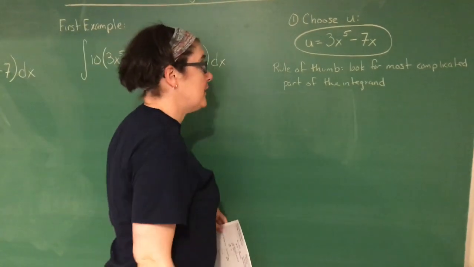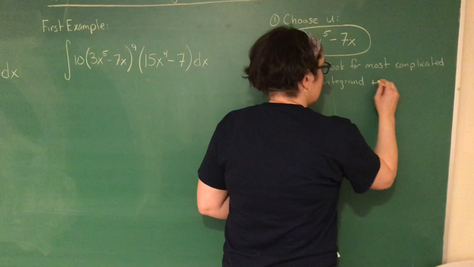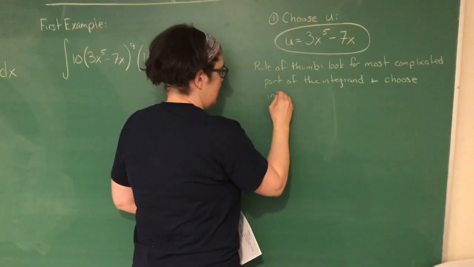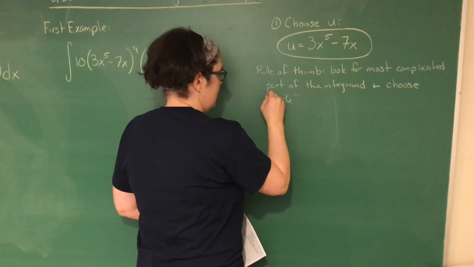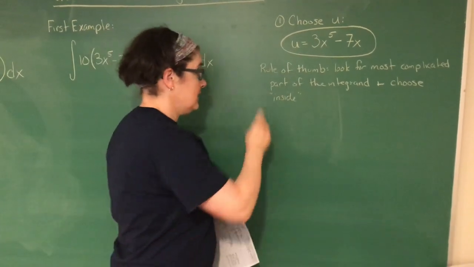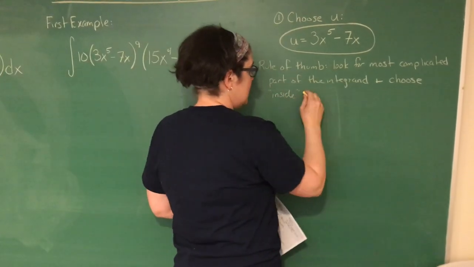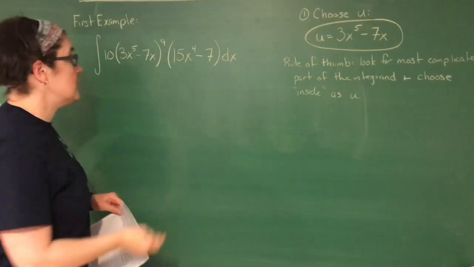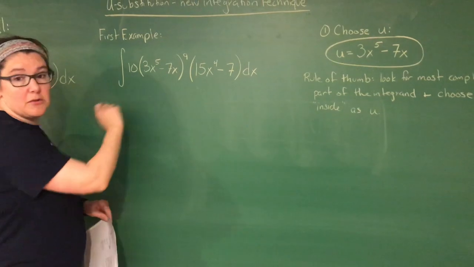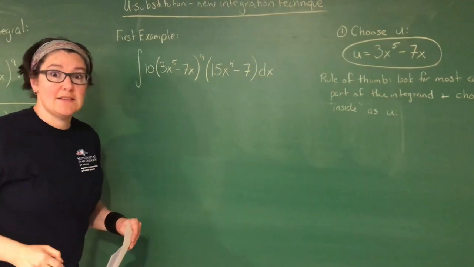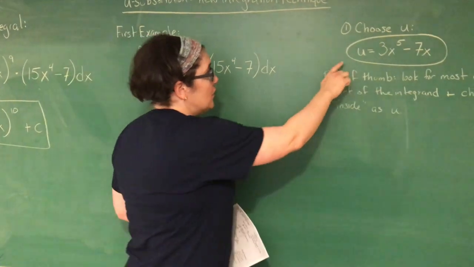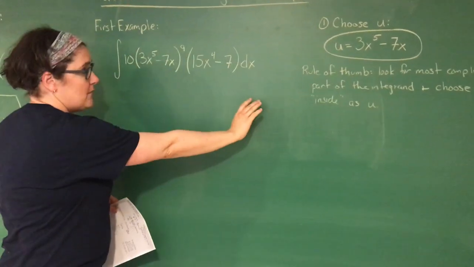So look for the most complicated part of the integrand and choose the inside of that complicated part as your U. So in this case, we chose U to be 3x^5 - 7x. That is step 1.